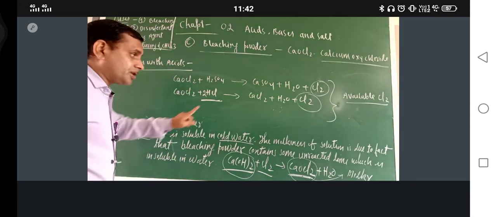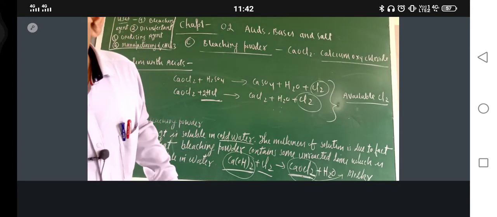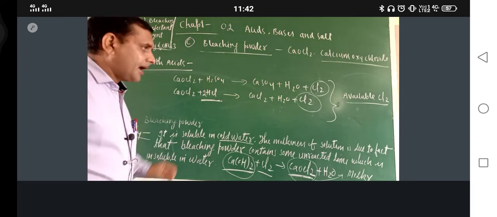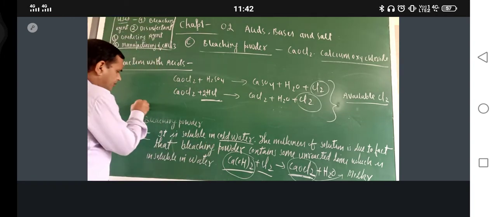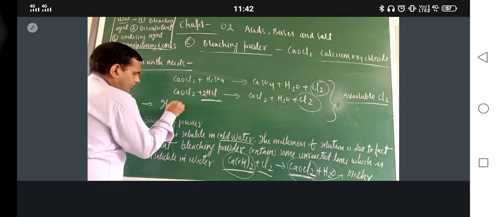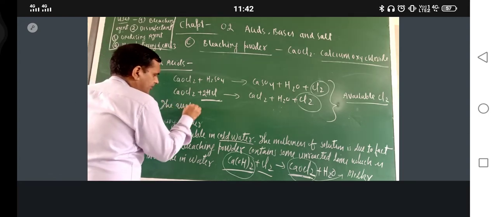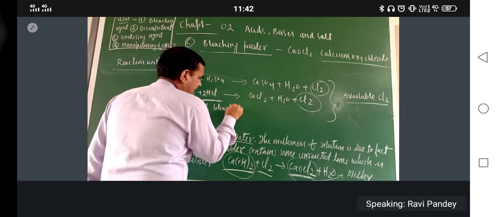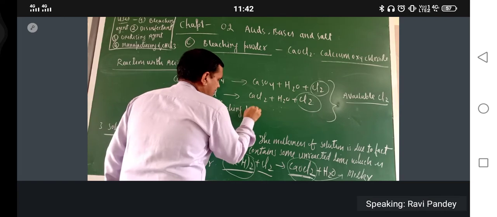Okay, so this available chlorine is very important. And now just try to understand. Note down here the quality of bleaching powder.